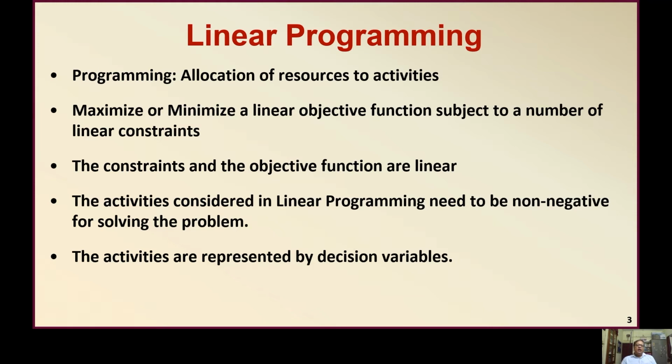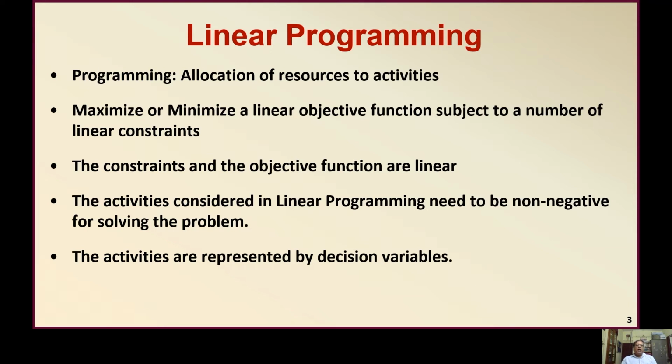Activities are basically decision variables, and those decision variables are decided with respect to availability of certain resources. So how much resource should be allocated to activities so that some objective function can be either maximized or minimized.